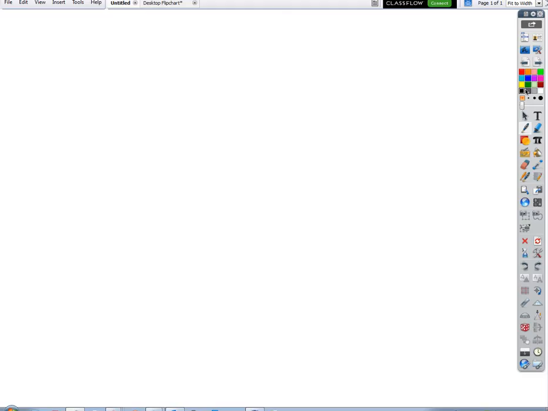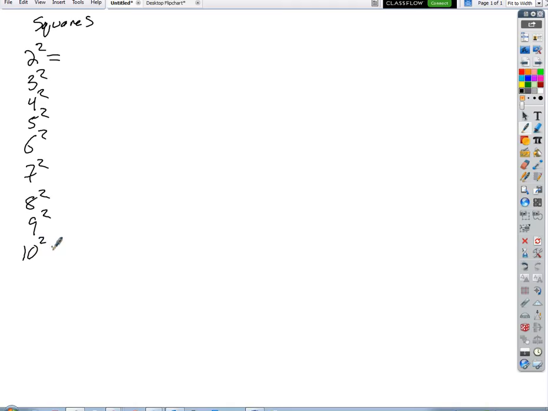Okay, so let's do perfect squares. Obviously the first ones are easy, and we'll go all the way up to 15 with them. There are some pretty tough ones here, and we could probably even skip everything through 10.